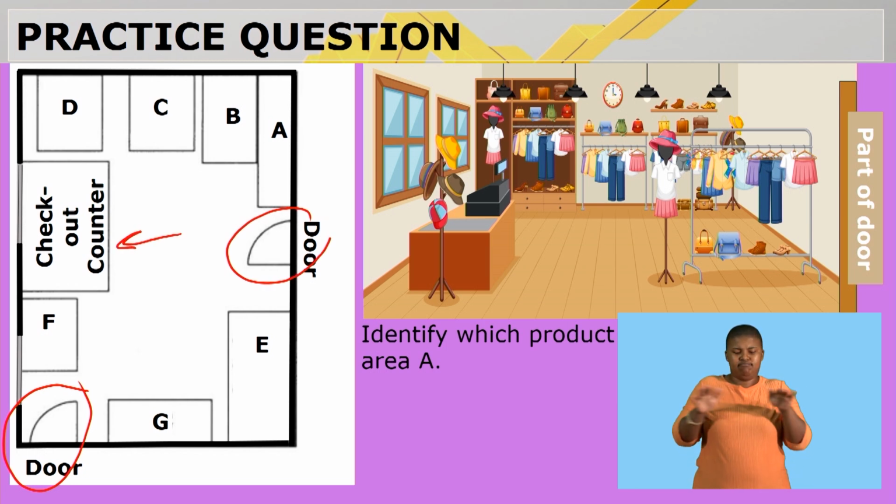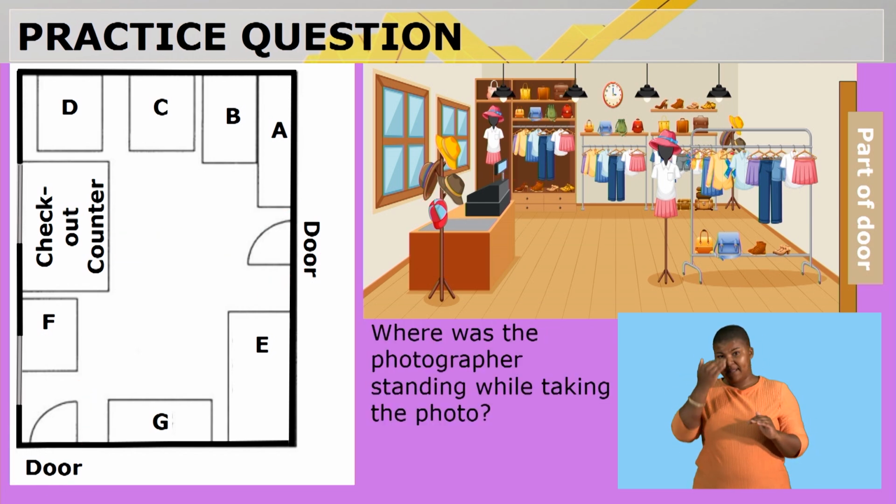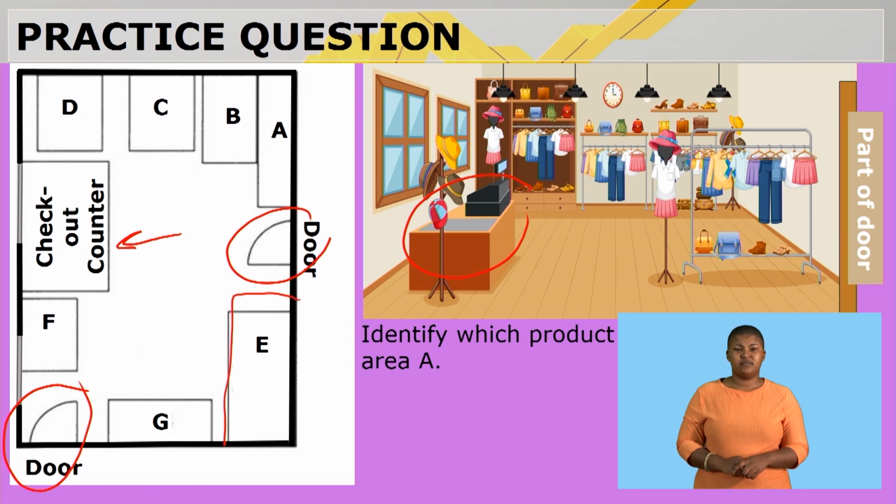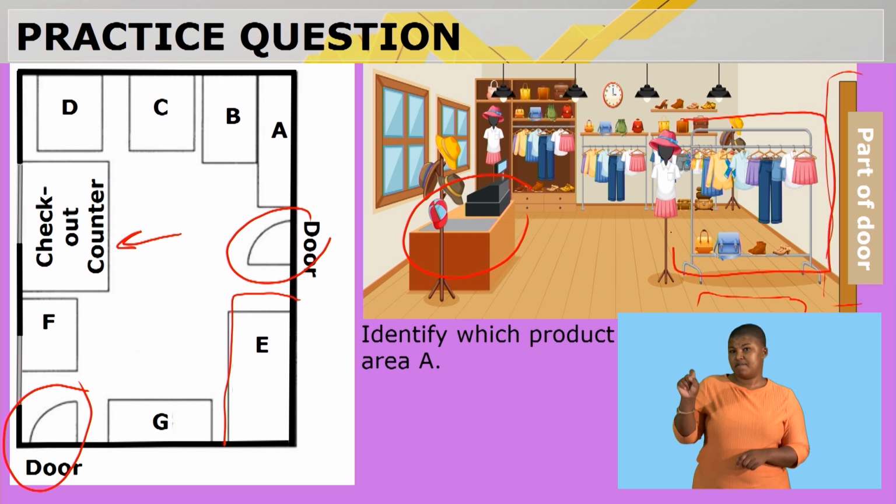So, if we compare it with the picture, there is the checkout counter, and then we have got part E, we can't see it because it's over here, and then directly behind this part of the door will be section A.